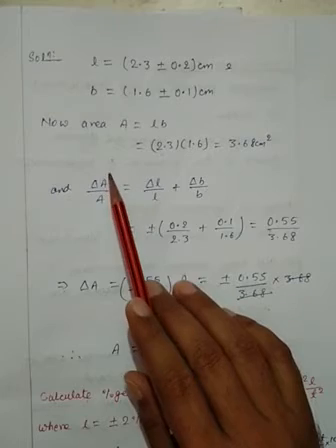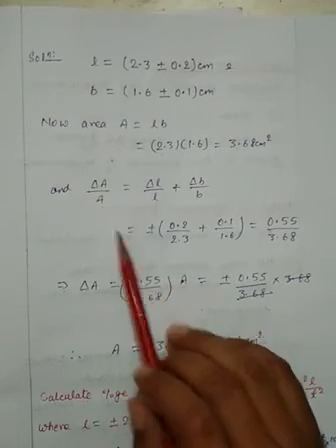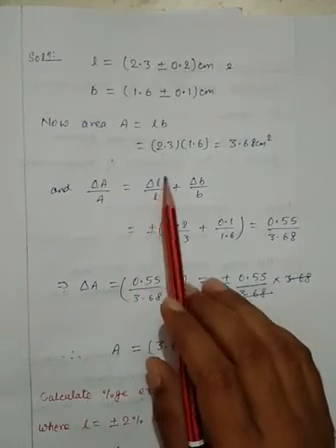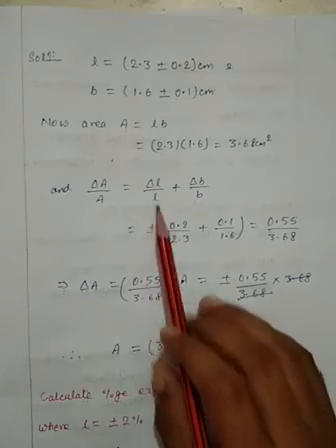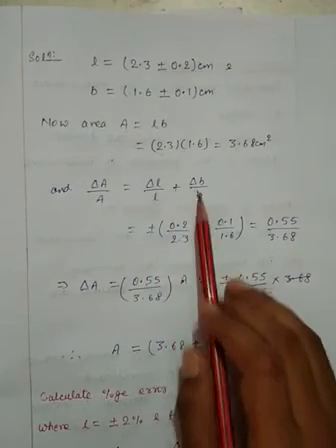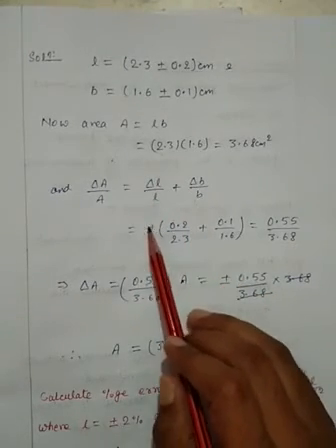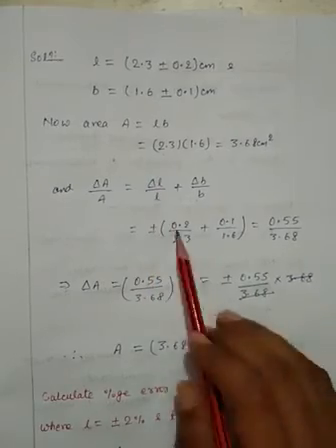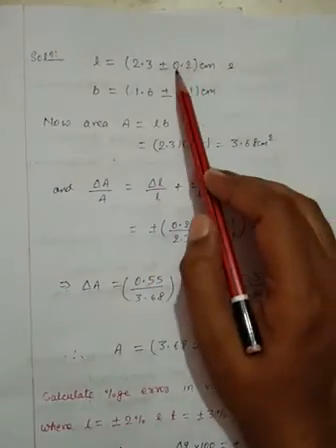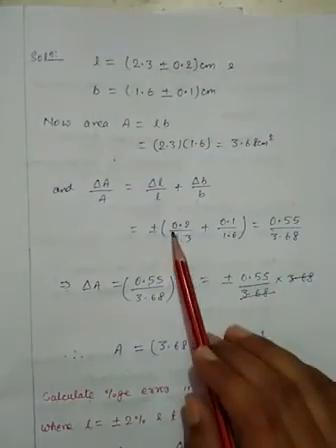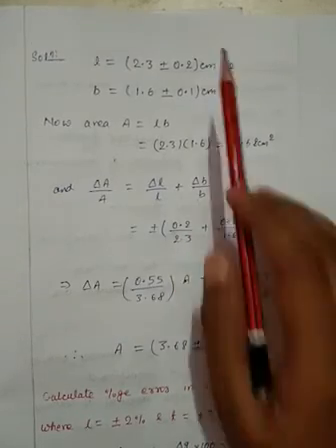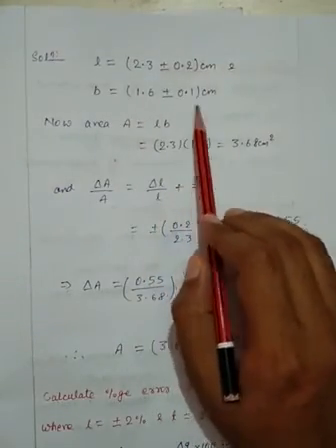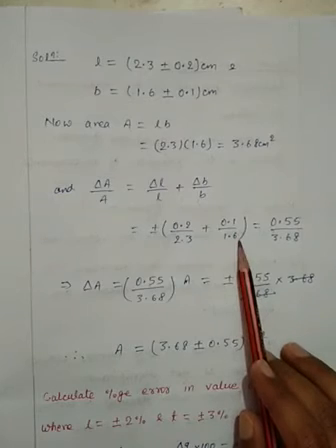So the relative error in A, delta A by A, is equal to the relative error in the length plus the relative error in the breadth, so delta L by L plus delta B by B. Uncertainty always has a plus minus sign, but inside they will be added up. Uncertainty in length is 0.2, so 0.2 by 2.3, that is delta L by L. Uncertainty in breadth is 0.1, so 0.1 by 1.6.